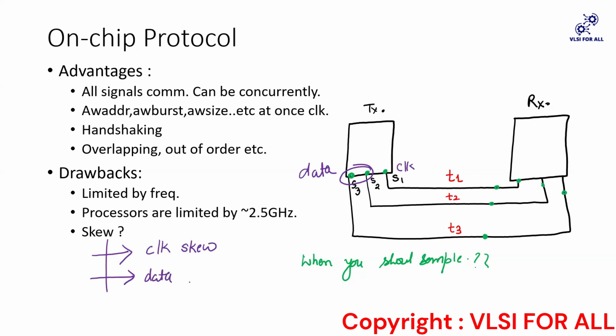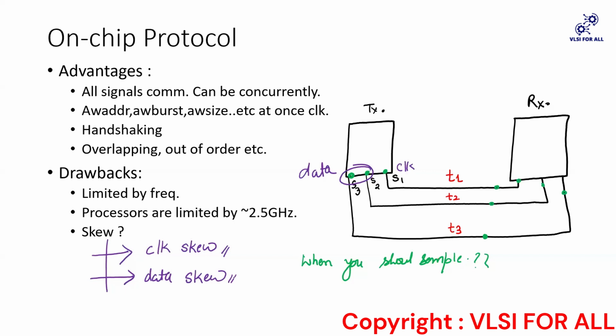It's very simple, right? So skew can be of two types, clock and data, but the concept is the same. Because we are on chip and we have a huge number of wires, skew is one problem. Agree, guys? No response?